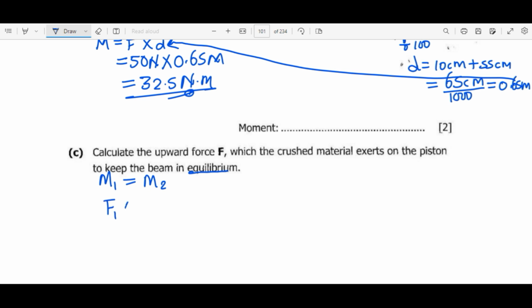So say force 1 times the distance 1 is equal to force 2 times the distance 2. Now, if you have been given the information like the distance for moment 1 and you want to use that to find for moment 2, for this one, even if we use the distance in centimeters, the answer will not be affected. What do I mean by this?